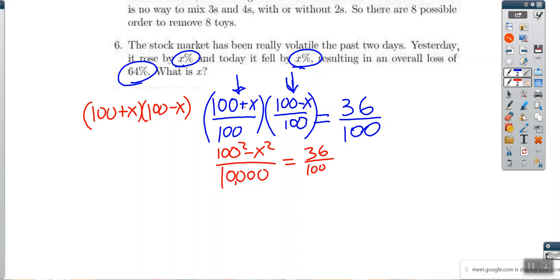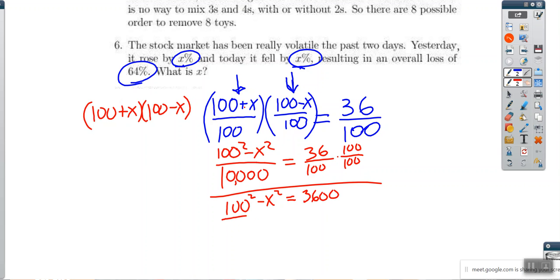But you multiply them both by 10,000. But wait a second. So we could do a cross multiplication thing. That's going to get pretty ugly. But I could multiply 36 over 100 by 100 so that I have a common denominator, right? So that's going to give me 100 squared minus x squared, and that is going to equal 36.